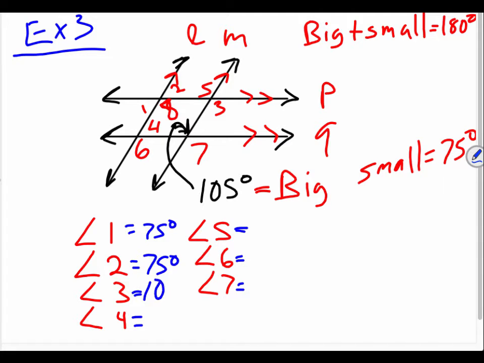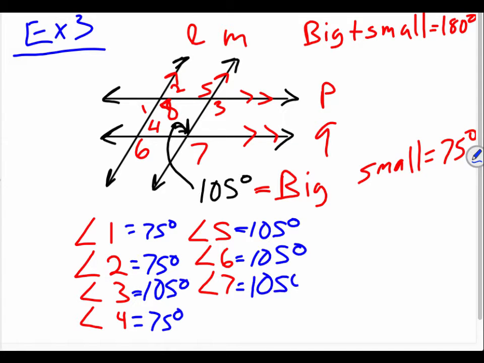Big, 105, right? Angle 4, big or small? Small. 75, right? Angle 5, big, 105. Don't worry, I'm going to go back and do the formal stuff. But angle 6, big, 105. And angle 7, big.